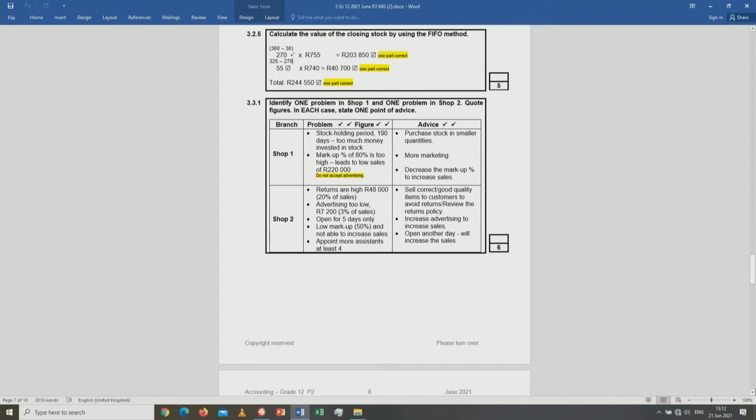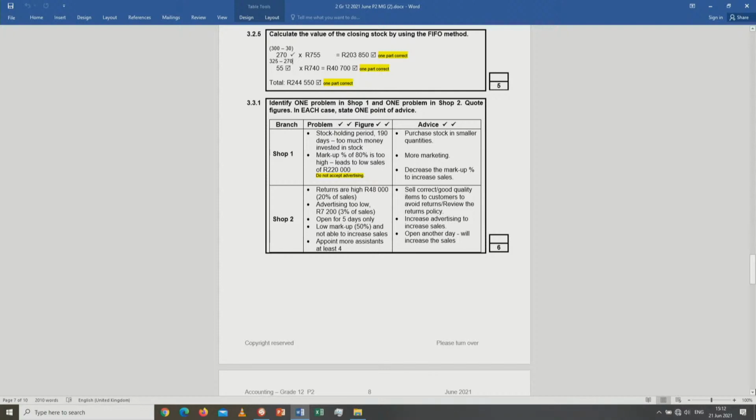Shop 2, the returns are very high. It's 48,000, which is 20% of the sales. Advertising is too low. It's 7,200, which is 3% of sales. They open for 5 days only, a low markup of 50% and not able to increase sales.